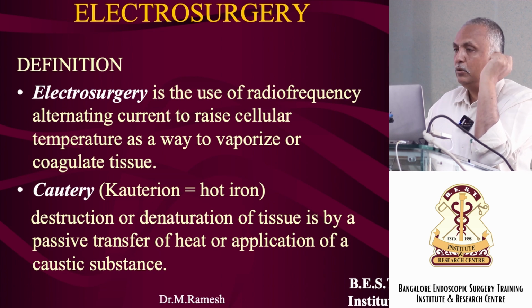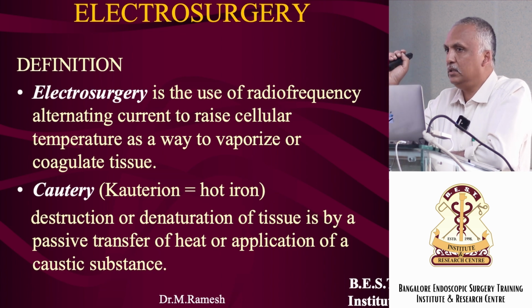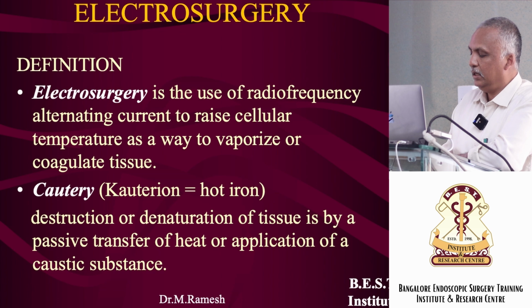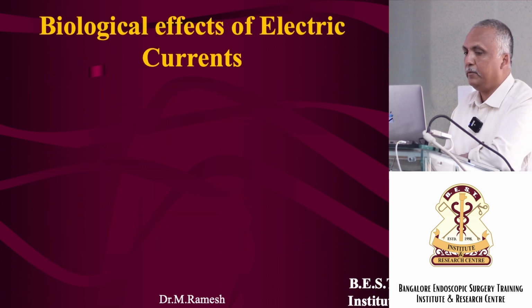But then you don't have anything hot, you don't have anything which has chemical energy in it, and you are not directly applying these things on tissues when you are doing surgery. So what you are doing in surgery is not cautery. It is totally different from cautery. It is electrosurgery, and we will discuss about that as we go by.